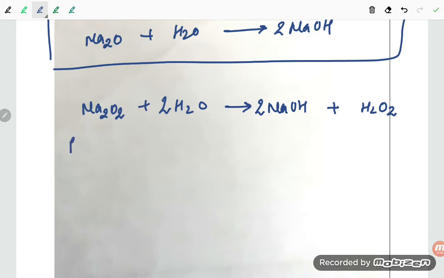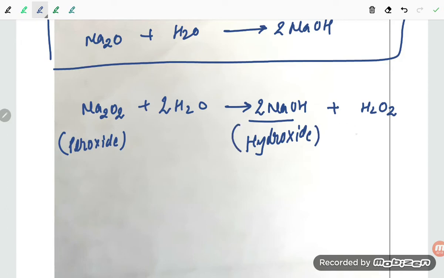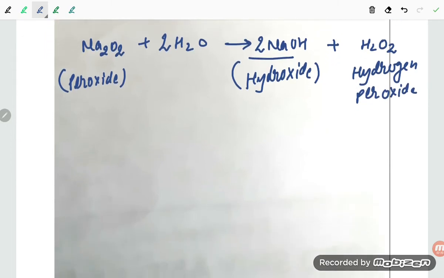So the peroxide gives two compounds, the hydroxide and hydrogen peroxide.